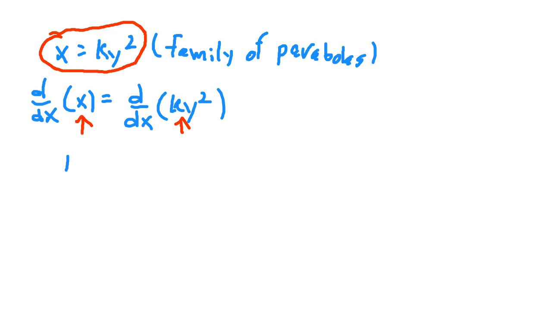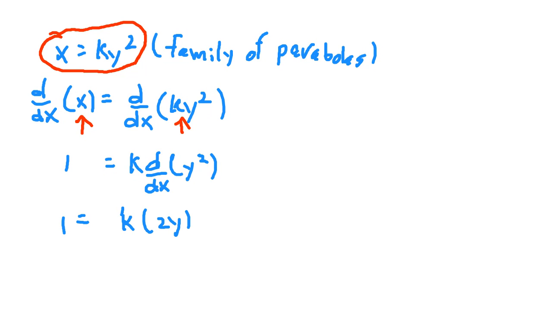So the left side is going to become 1, and on the right side, a constant, I can bring a constant out in front of the derivative. And so 1 will equal k times the derivative of y squared. That's going to be 2y times dy dx. What did I use there?